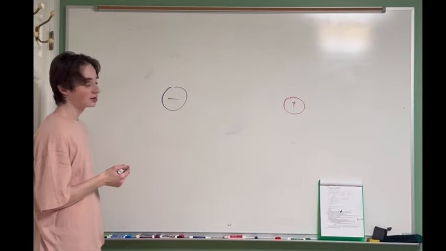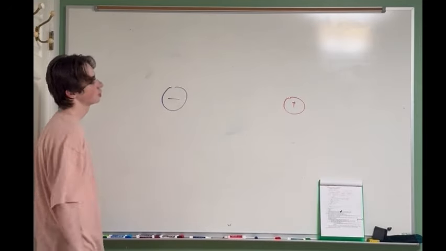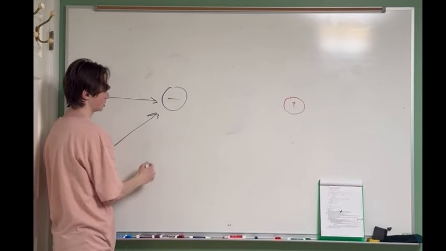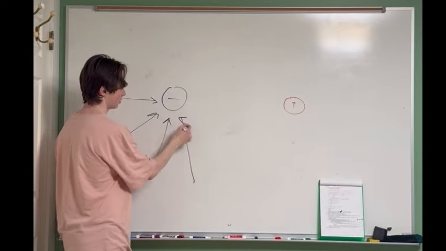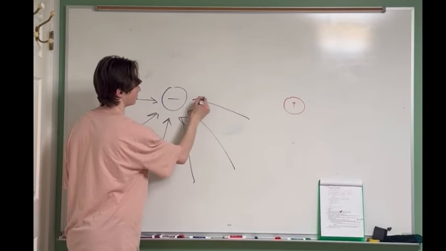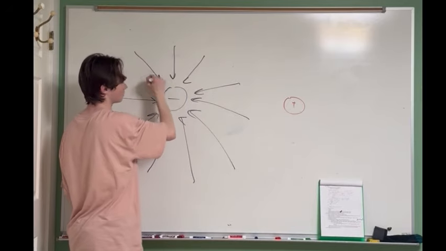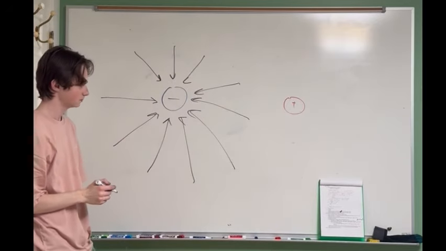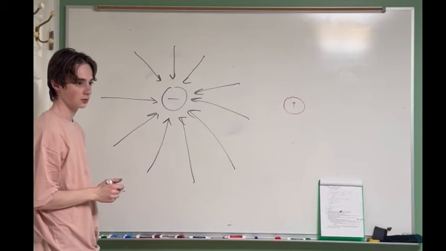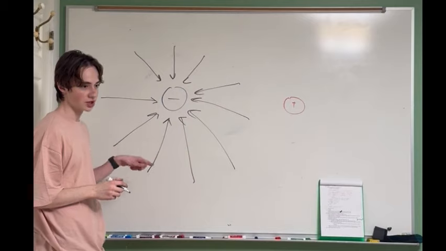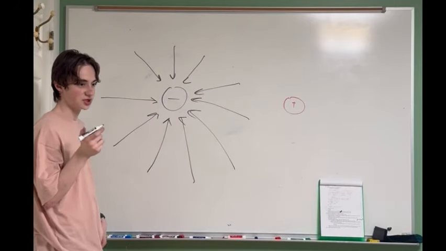We can represent the electric field of this charge by drawing arrows. Usually the arrow is going positive, so the field is going towards the electron but away from the positron.